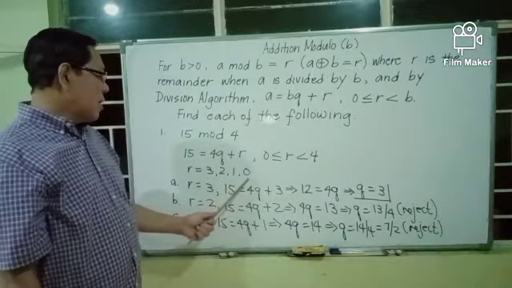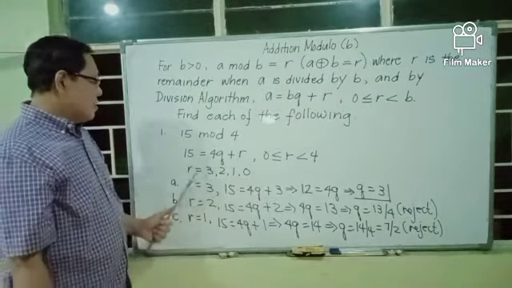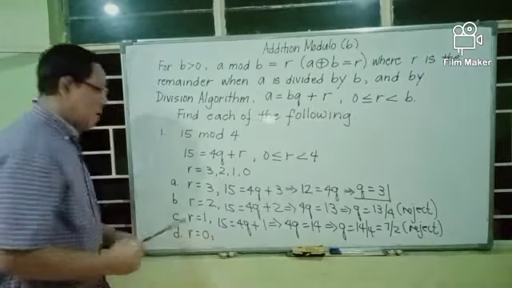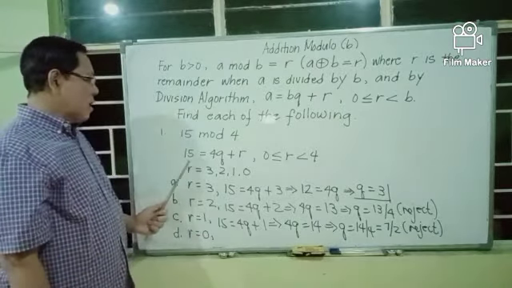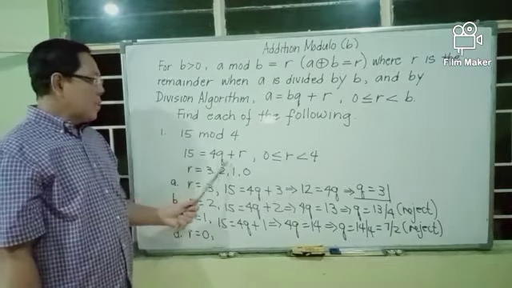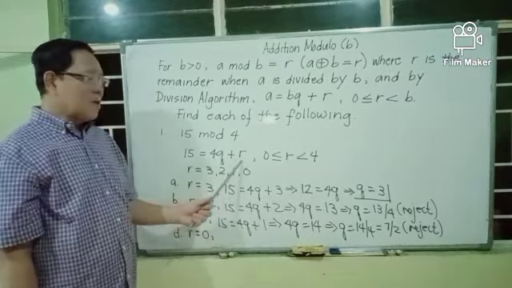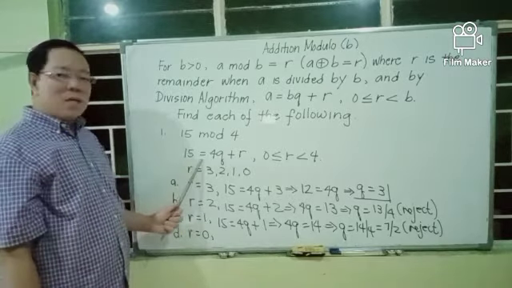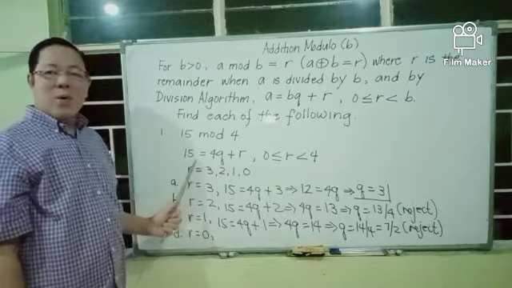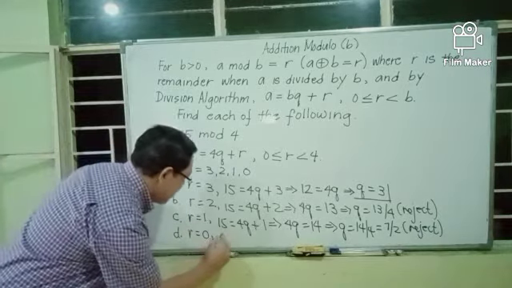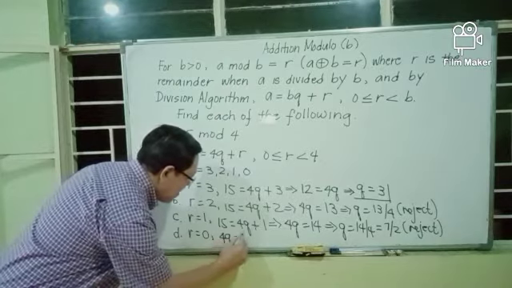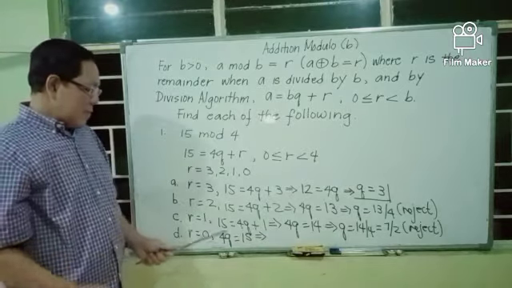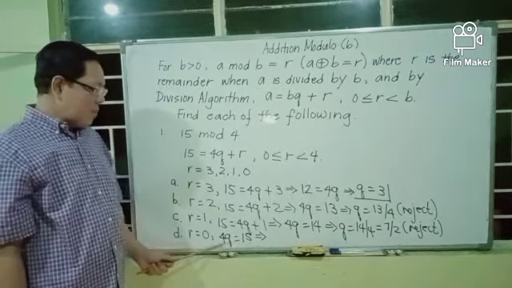Finally, we check r equals 0. If r equals 0, this equation becomes 15 equals 4q plus 0. And 4q plus 0 is 4q. So when r equals 0, this equation simplifies to 15 equals 4q, or 4q equals 15. We divide both sides of this equation by 4.